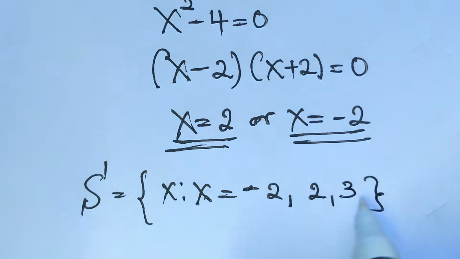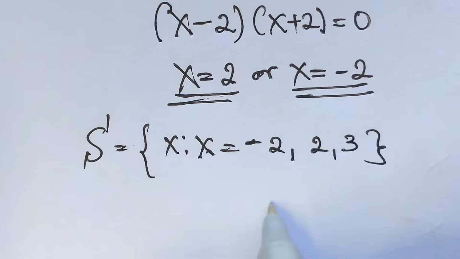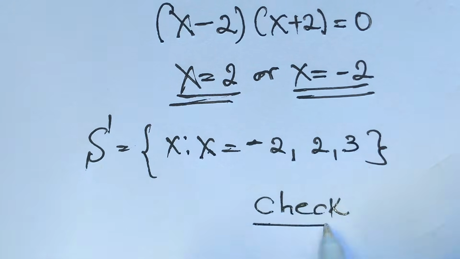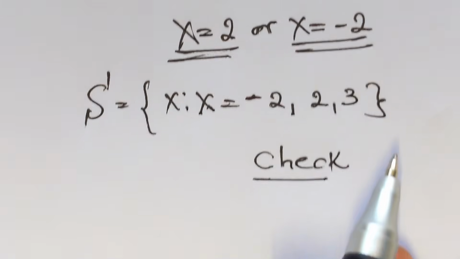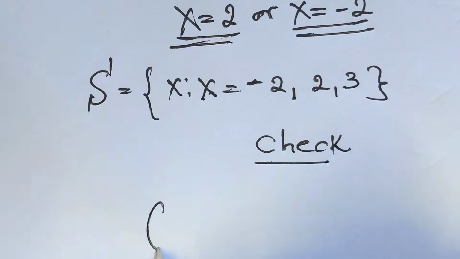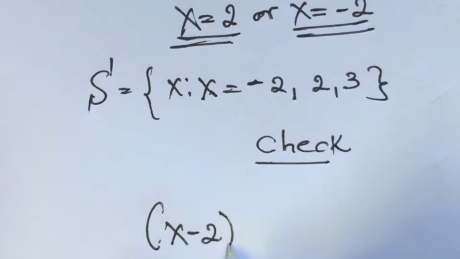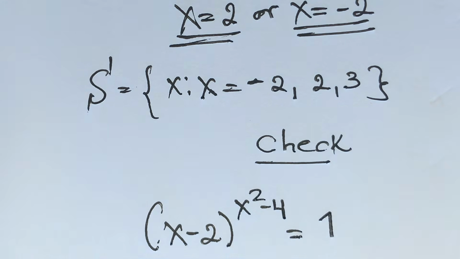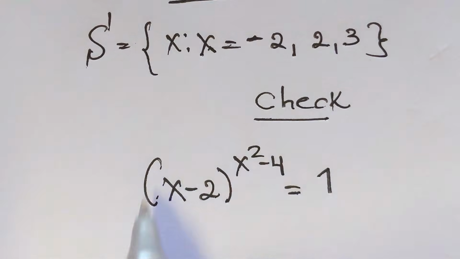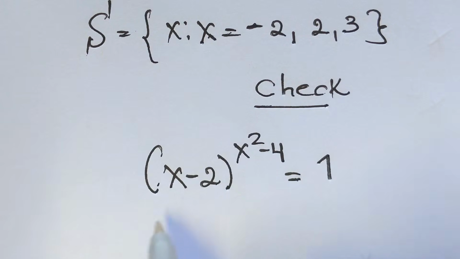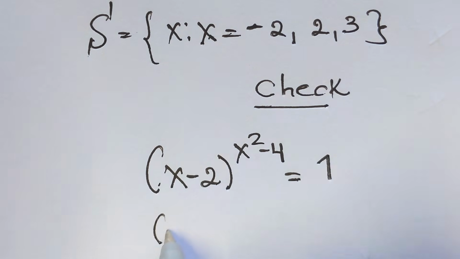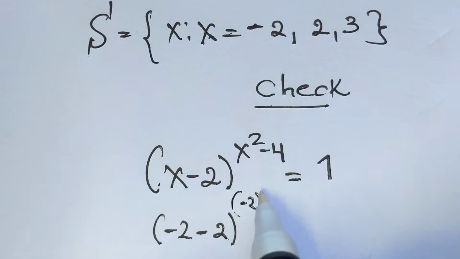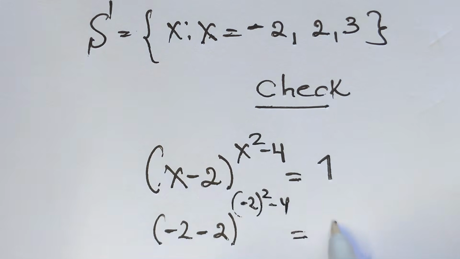But we always have to check if the answer is correct, because the given question is (x minus 2) power x squared minus 4 equals 1. For x equal to negative 2, we have (negative 2 minus 2) power (negative 2 squared minus 4) equals 1?